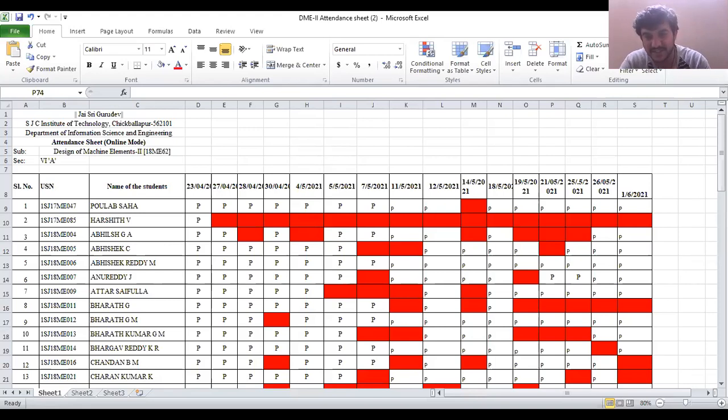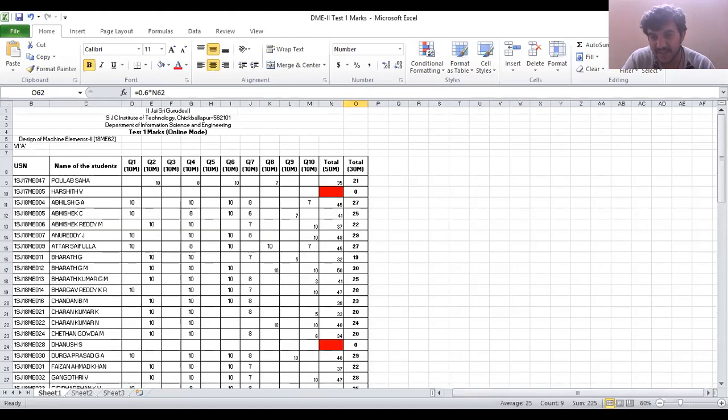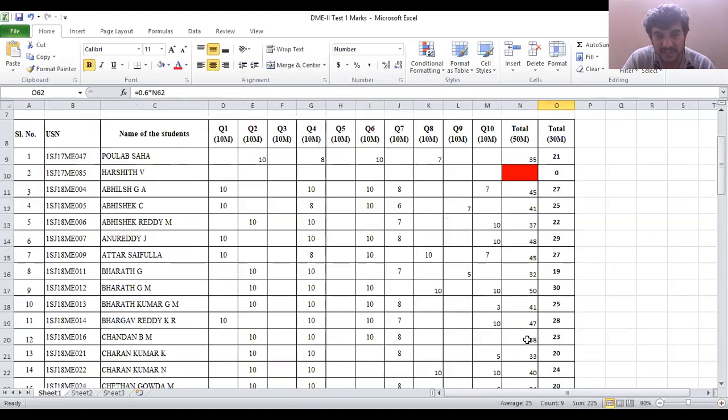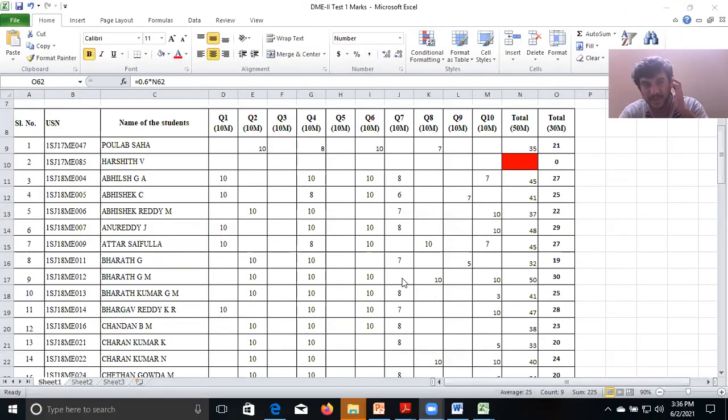Do you want to see the marks? Yes, sir. Now the Excel sheet is visible.